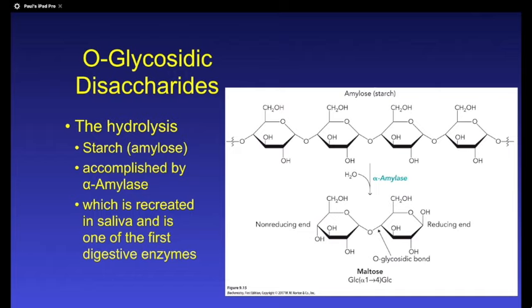All right, you've got lots of breads, potatoes, even a good vegetable like corn. You know, all these starches are just long chains of glucoses. The glycosidic bonds are called O-glycosidic because there's an oxygen between the two sugars. And in this case, it is an alpha 1,4.